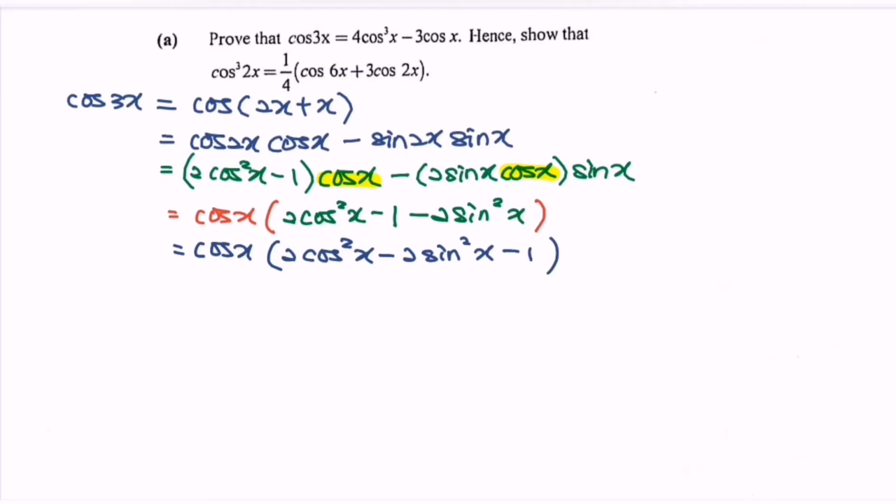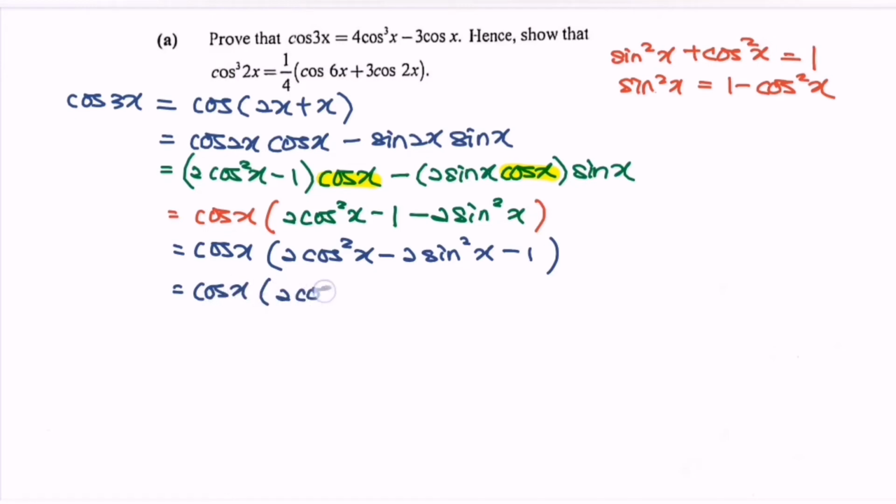Here we have sin square x plus cos square x equals 1, so sin square x equals 1 minus cos square x. So kindly substitute. Here we have cos x bracket 2 cos square x minus 2 multiplied with the expression 1 minus cos square x, continue, minus 1.